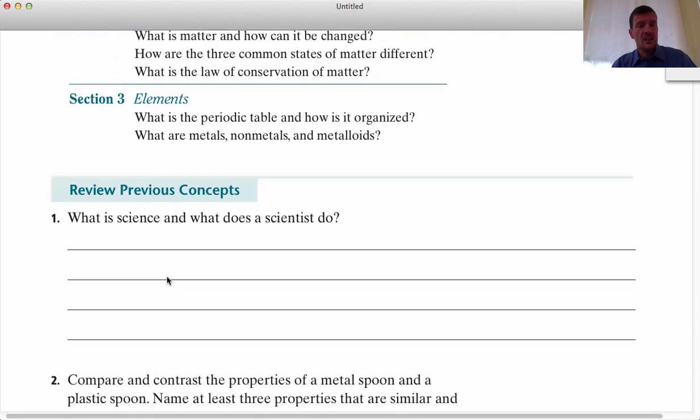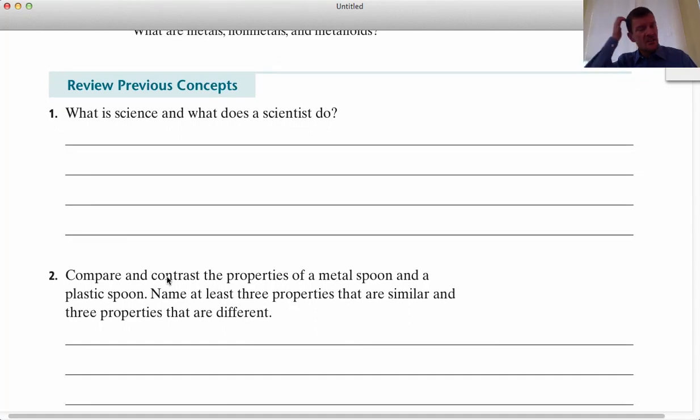Okay? All right. At the beginning of each chapter, the interactive reader, there are always going to be some previous concept questions, and these are going to just test your ability to think about maybe something you've learned in the past or some common knowledge that you might be aware of.